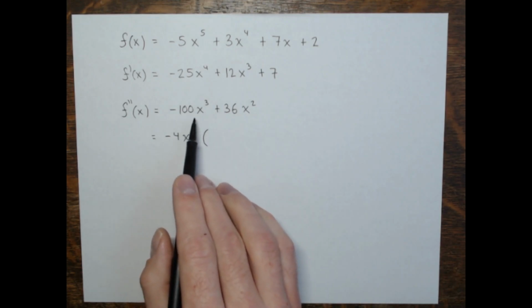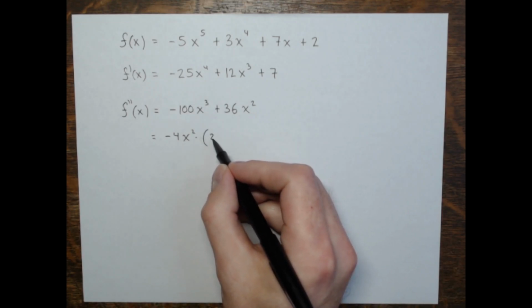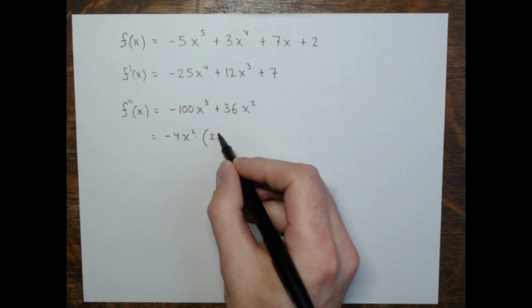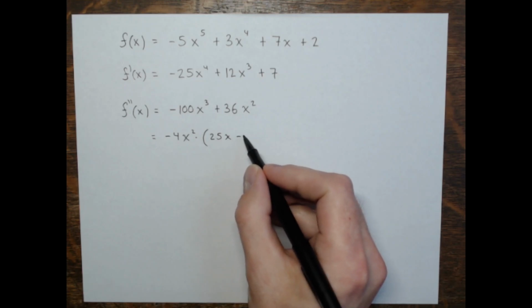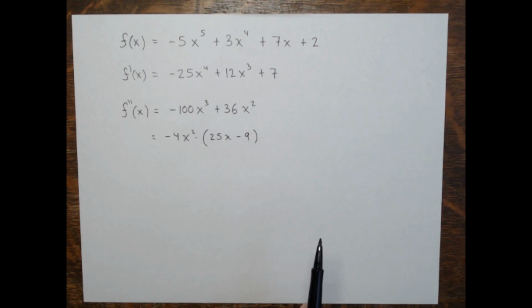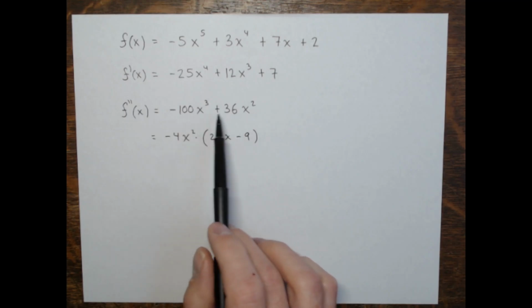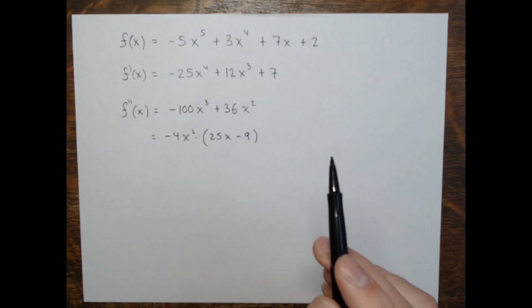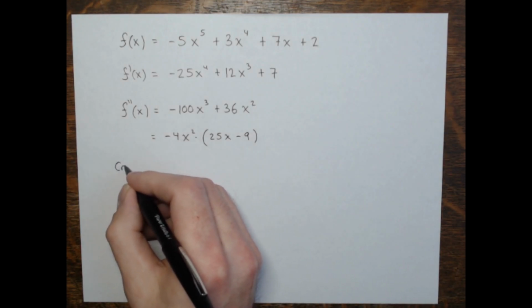Now if I pull out -4x squared, then the other factor would be 25x minus 9. Right, so again, a little different because of the different powers here, but still the coefficients of 1, 3, 6 are kind of similar. So anyway, the critical points.